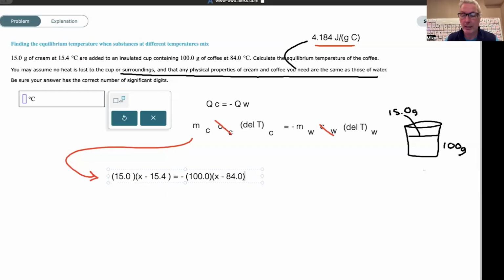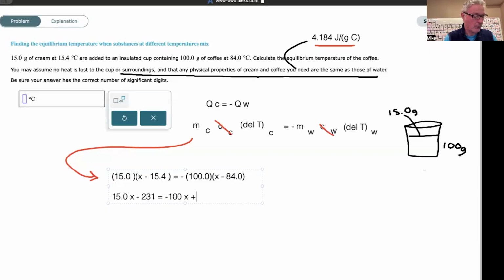So let's go ahead and distribute the X. 15.0 X minus 15.0 times 15.4 is 231 equals, I'm going to go ahead and say minus 100x and then plus 100 times 84.